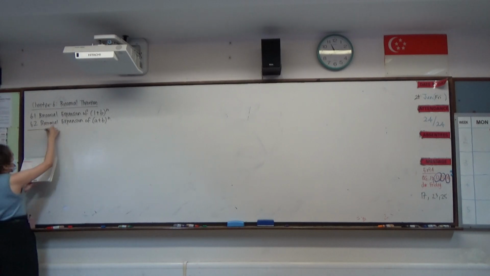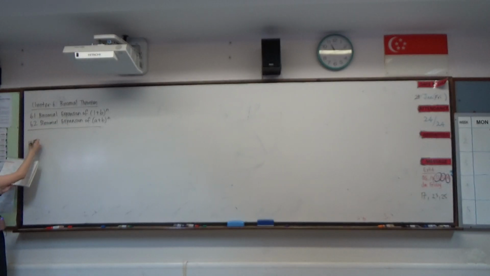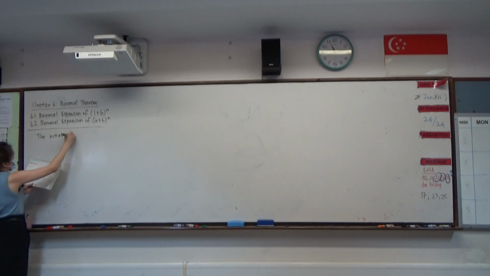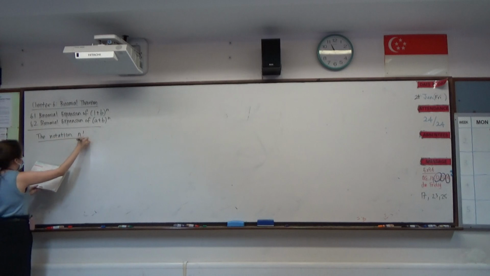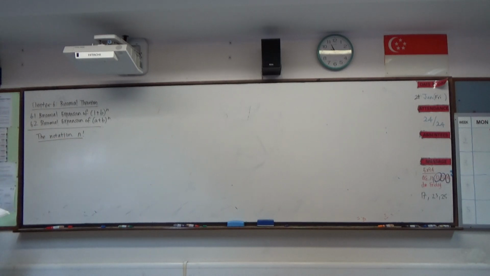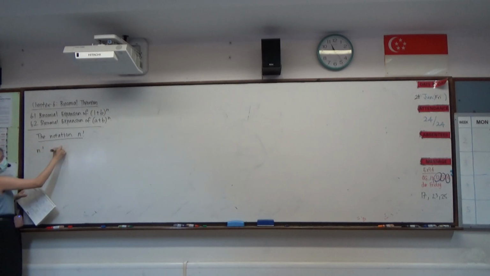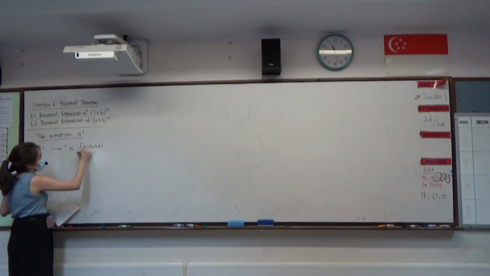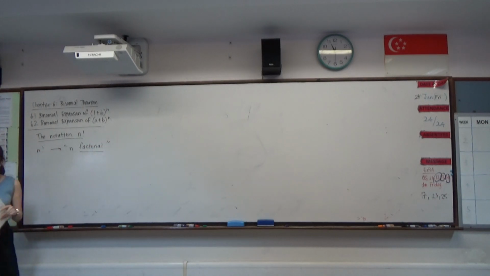But we will start with the basics first, and understand the notation n factorial. This is an exclamation mark, but you never say it that way; it is read as n factorial. You don't come and tell me n exclamation mark, or shout n at me very loudly.